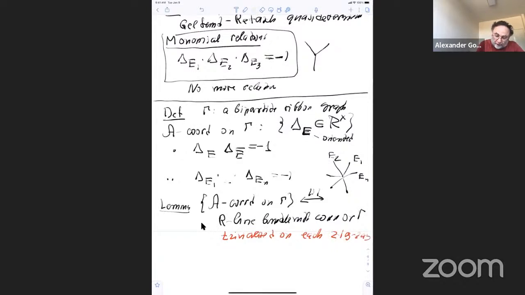So this way we get a definition of A coordinates for a given graph, and this plays the role of the cluster torus.